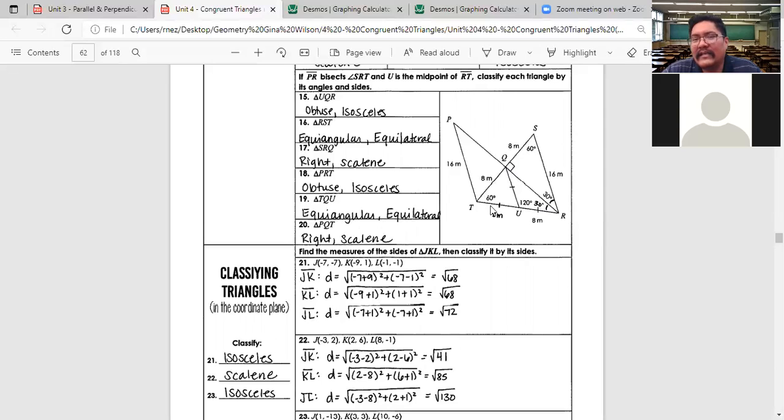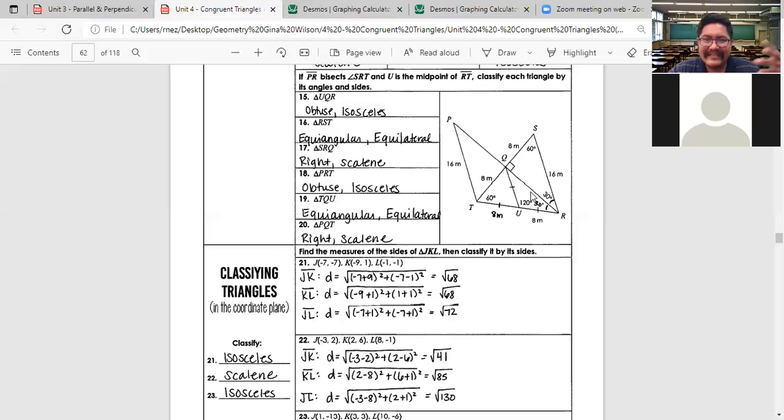So if I add these together, it'd be 120. Then I'd have to subtract that from 180 to get how much is here. But there's also another way. We could also use the angle addition postulate, which we covered last week and the week before. You can add these two angles together, right? So 30 and 30 would be 60. So 60, 60, 60. So this is an equiangular triangle.